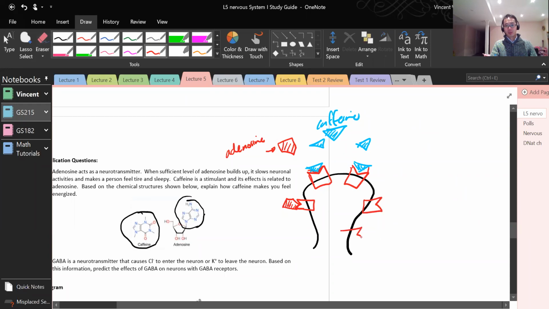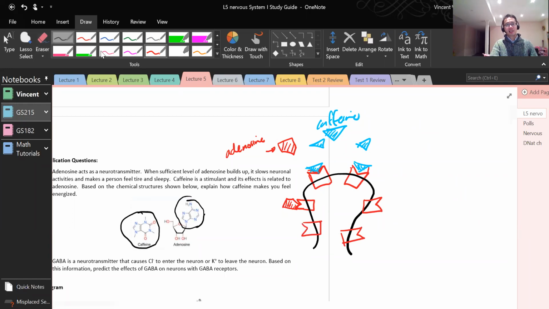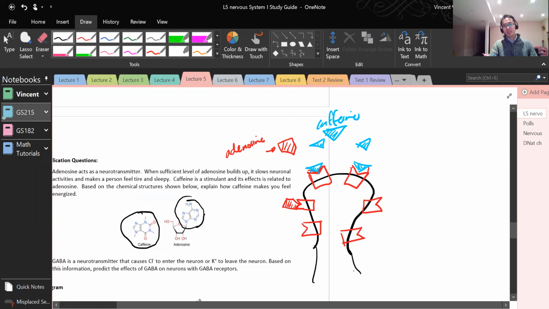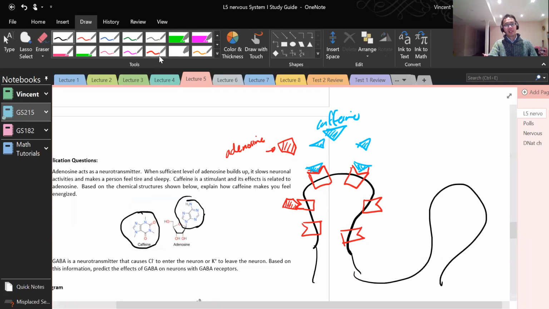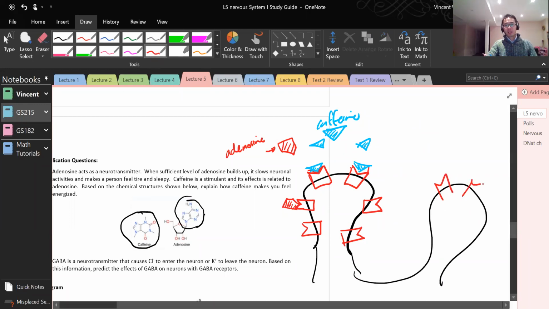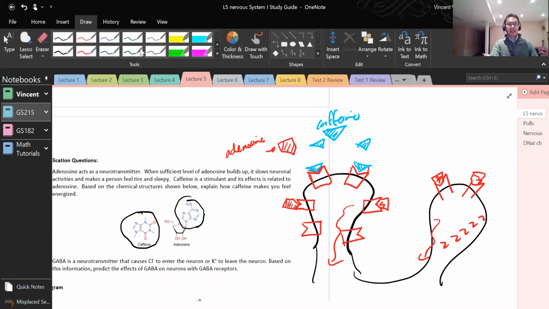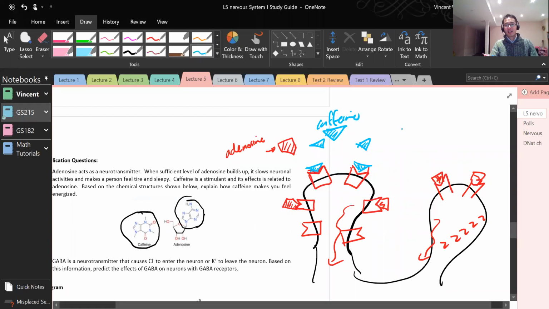So that's what your brain will do. It will put more receptors on the surface. This is a neuron, right? Of course. So there might be another dendrite here, and then it will have more receptors. So by putting more receptors, now the adenosine will be able to bind to all these extra receptors. And then it will trigger the sleepy feeling again. So you drink the same amount, it just doesn't have the same effect. And then you're like, okay, double, a small coffee is not going to work.